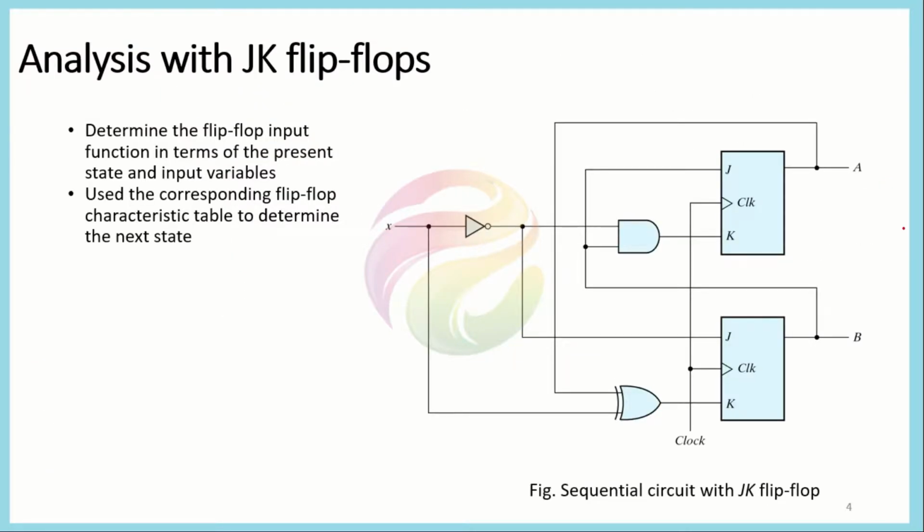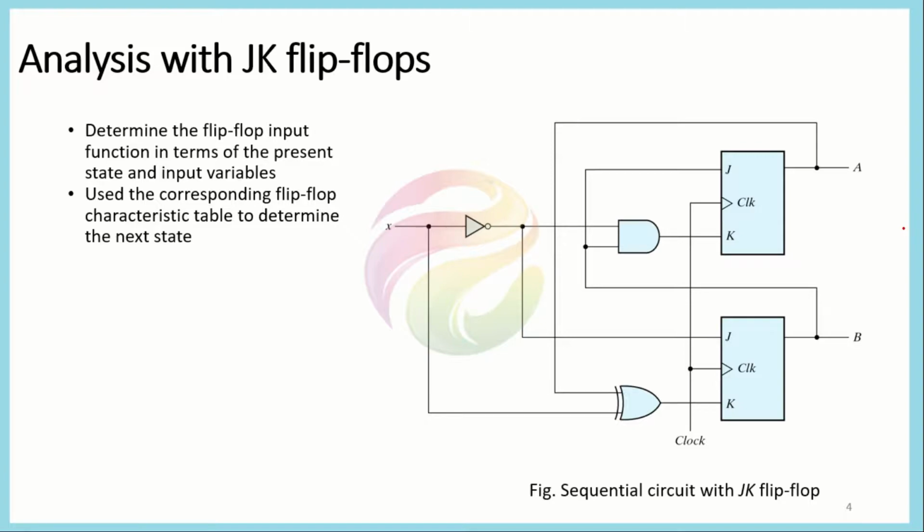So far we have discussed the analysis section of the sequential circuits using the D flip-flops. In the D flip-flops, the functionality of the overall circuit becomes quite simple because whatever input is present before the clock edge is automatically connected to the output after the clock edge.